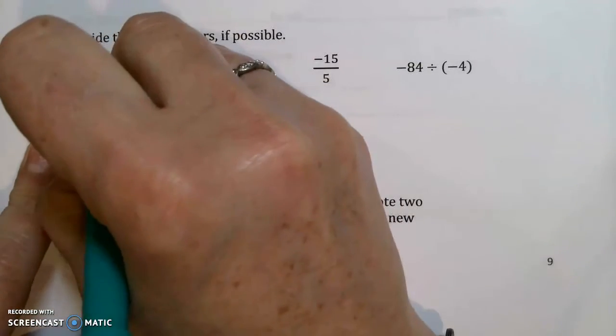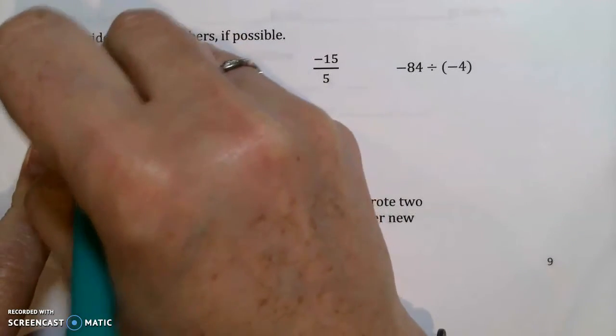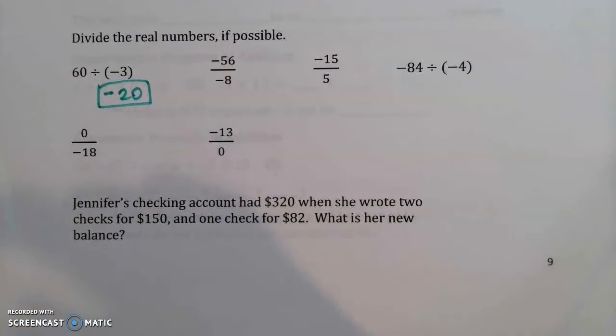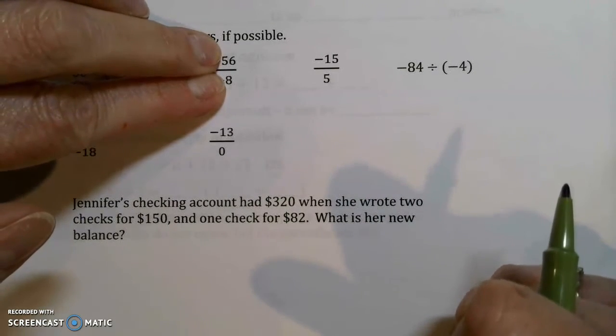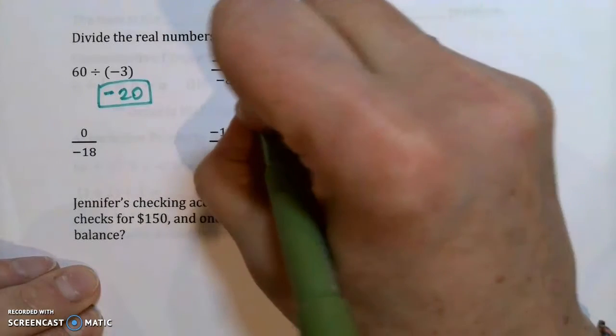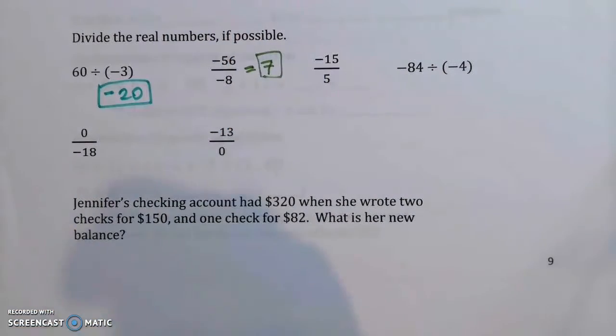So 60 divided by 3 is 20, but it will be negative because the signs were different. Negative 56 divided by negative 8. It's just the same as 56 divided by 8 because those negative signs will cancel out, and we would just get a positive 7 there.